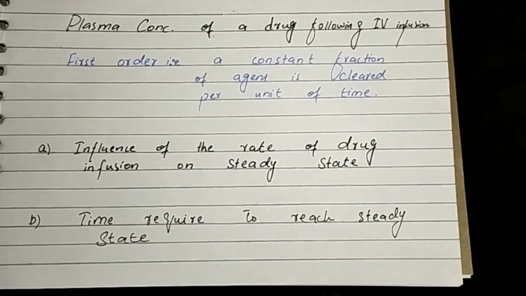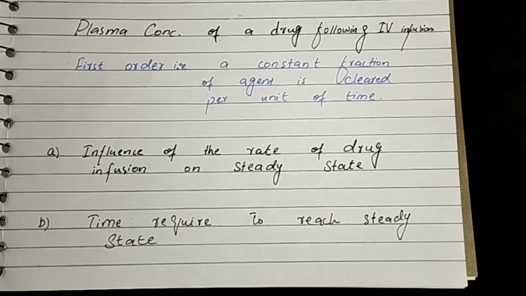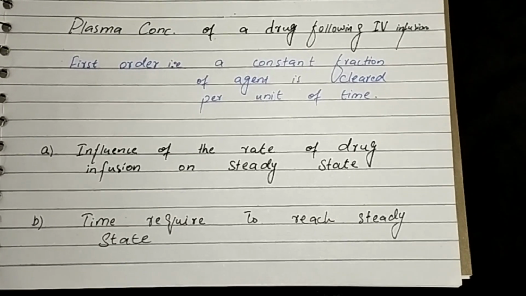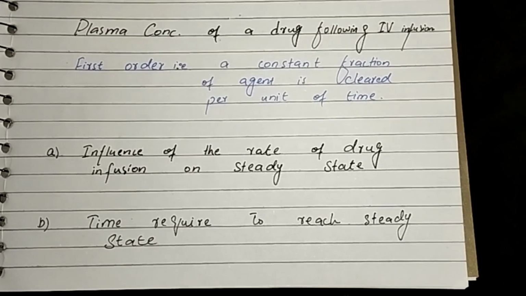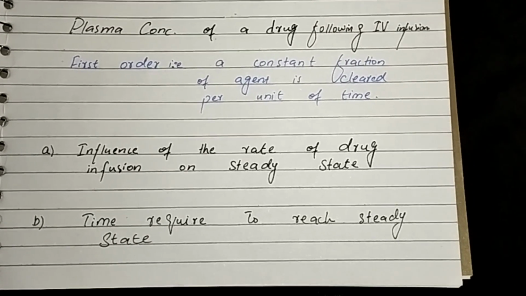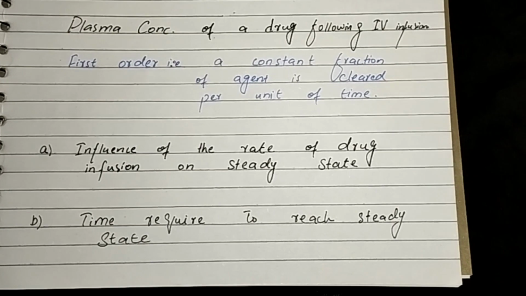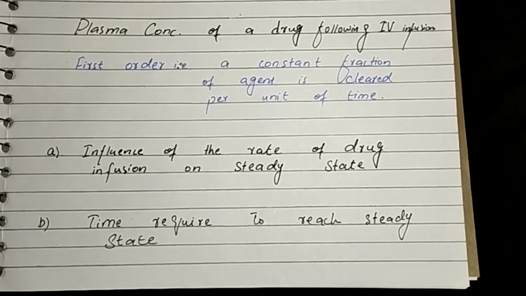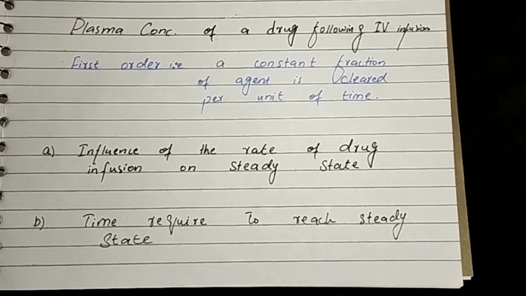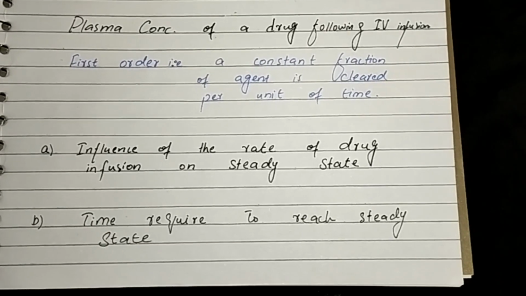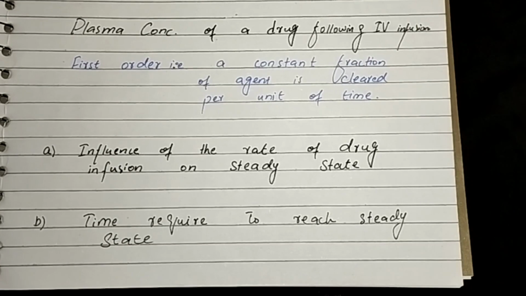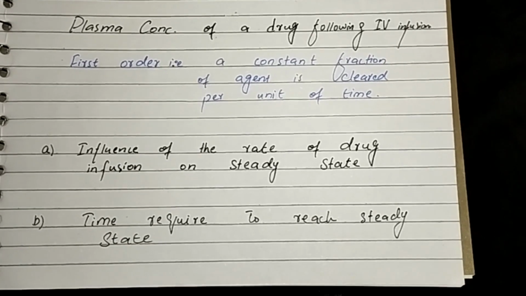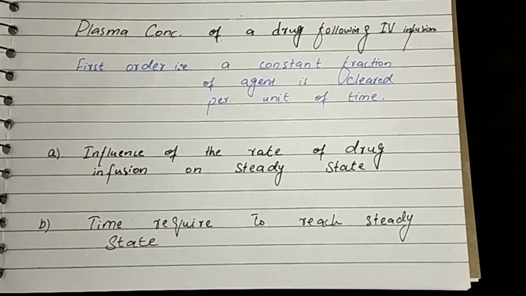Furthermore, the steady state concentration is inversely proportional to the clearance of the drug. Thus, any factor that decreases clearance, such as liver or kidney diseases, increases the steady state concentration of an infused drug. Factors that increase the clearance of the drug, such as increased metabolism, decrease the steady state concentration of an infused drug.